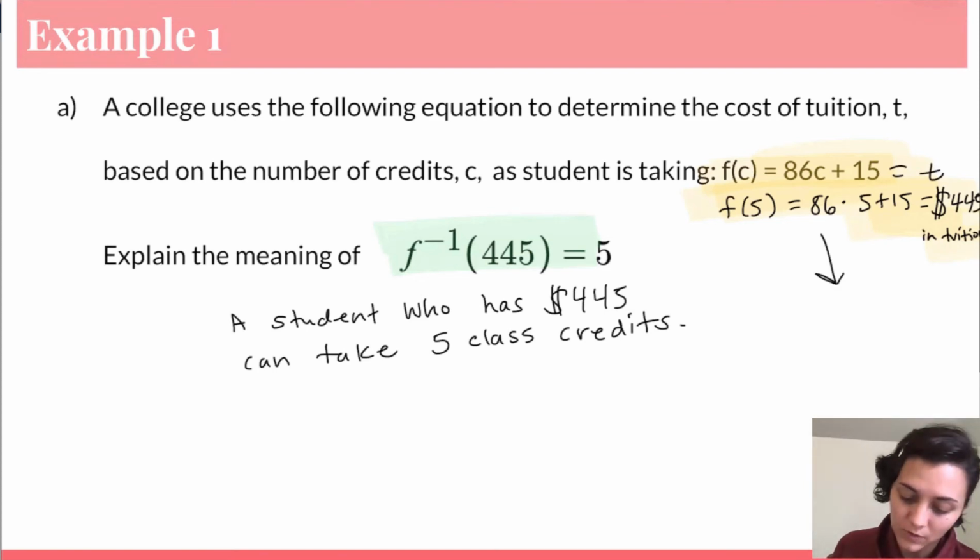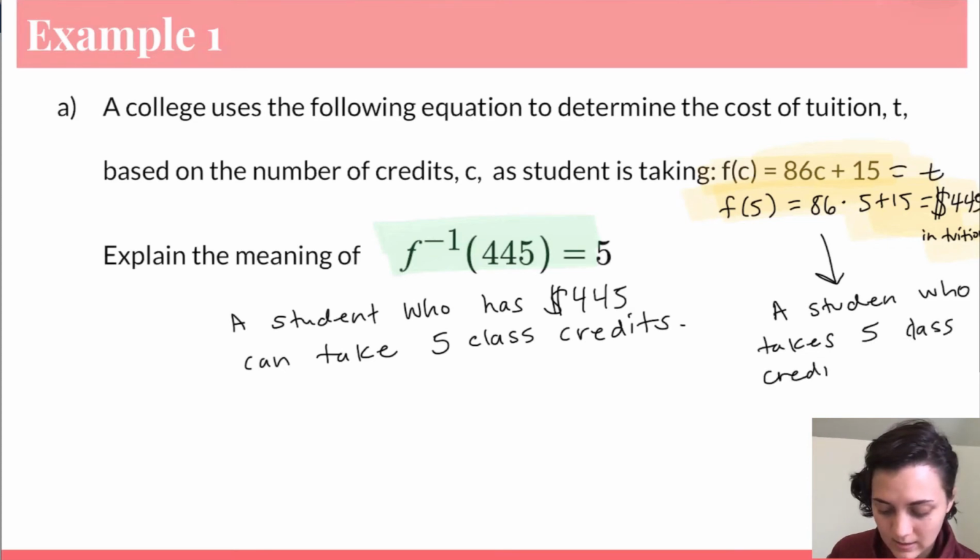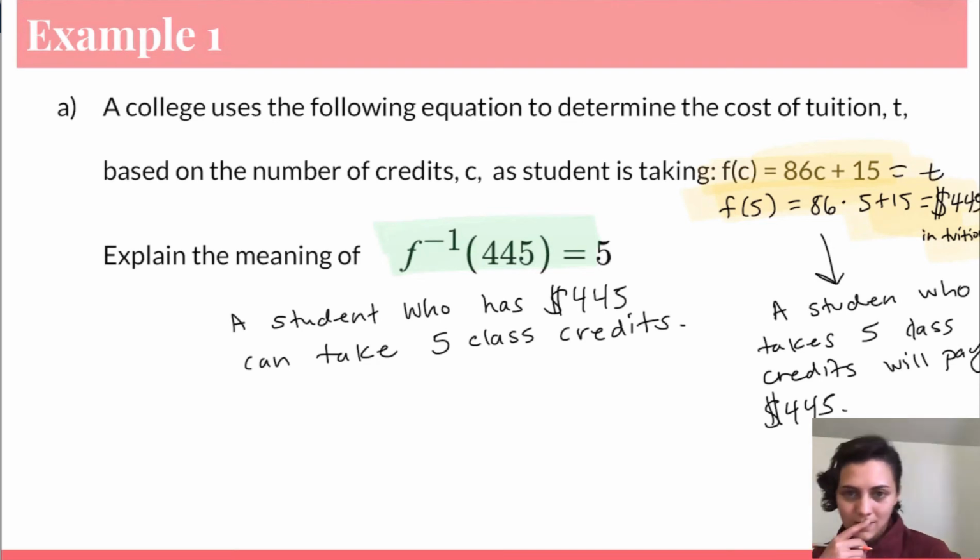Whereas this one would be a student who takes 5 class credits will pay $445. These sentences are almost the same, but the independent and dependent variable have switched.